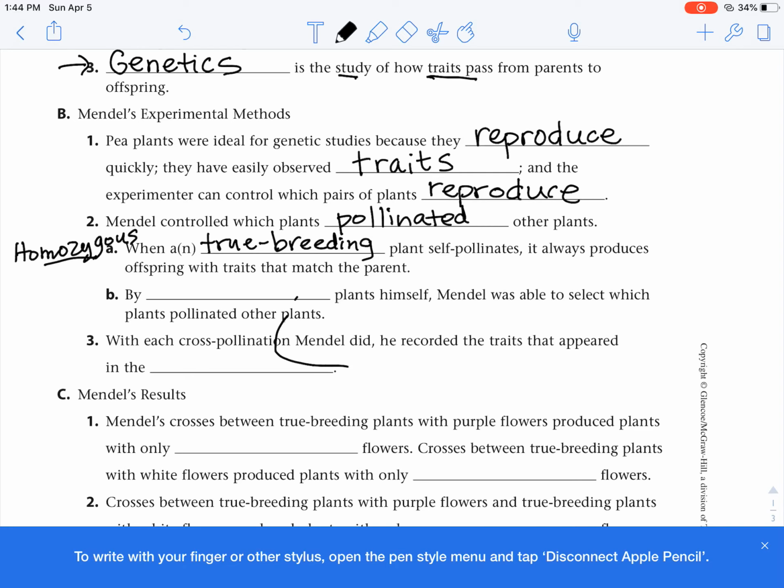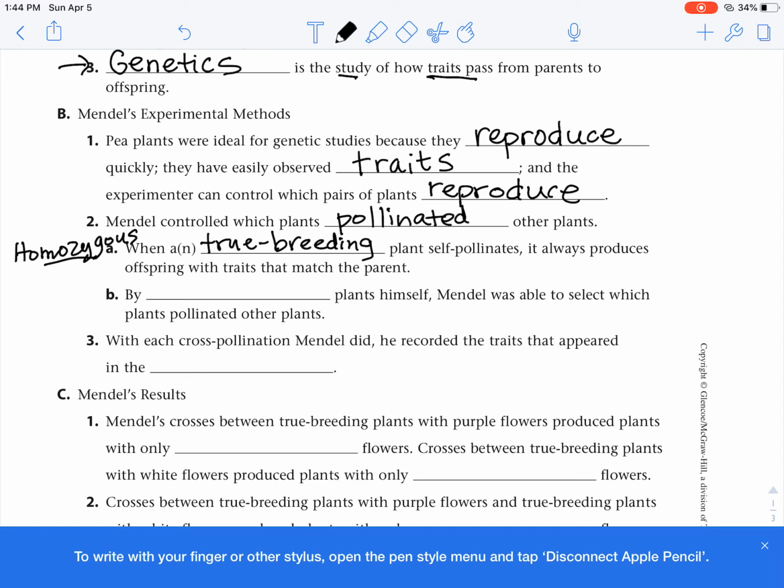True breeding means that they've only got one type of gene, one type of allele or factor. For example, the purple flowering plants only have the purple flowering gene. The white flowering plants only have the white flowering gene. So they're homo, meaning the same, right? They have two of the same genes. All right, let's go on to B.